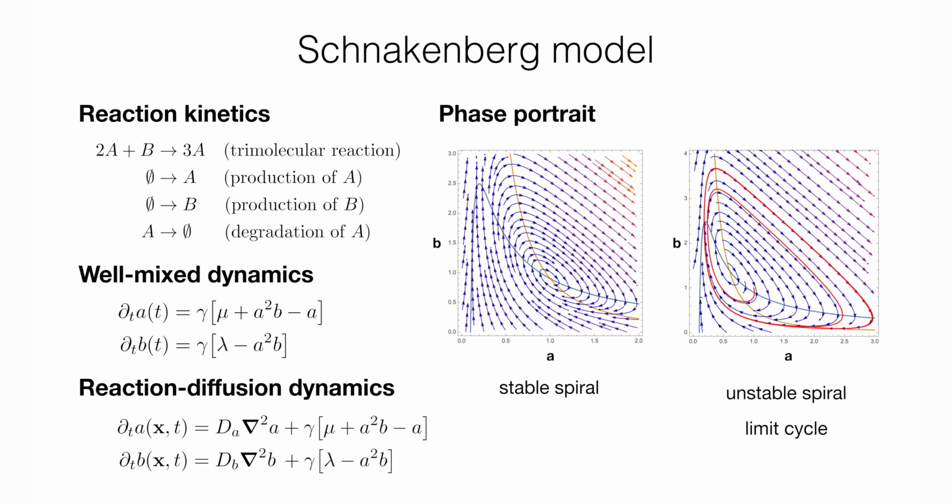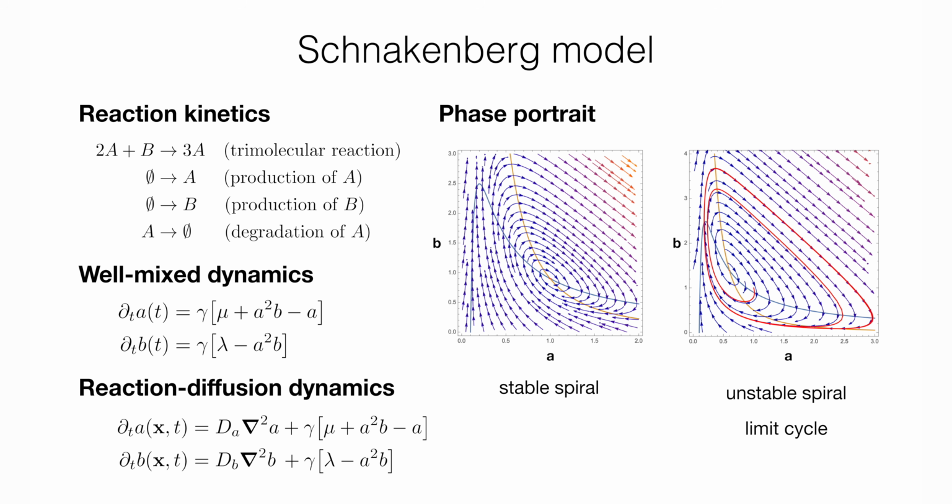The first reaction between the two species A and B is such that if B meets 2A, so it's a trimolecular reaction, then you delete the B and create the A. So you need two A's to turn the B into an A. That's a feedback mechanism, right? 2A makes more of the A. Then there is production of B, and degradation of A. That's the set of reactions.